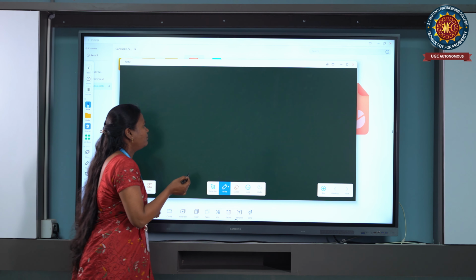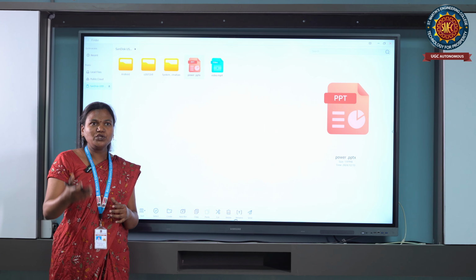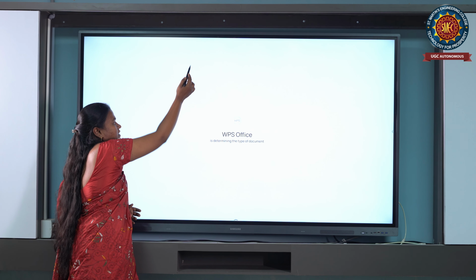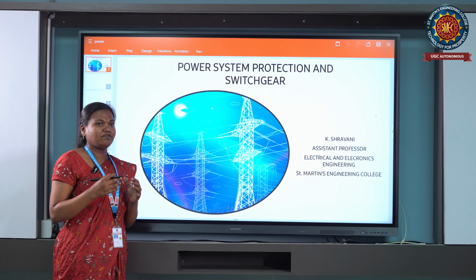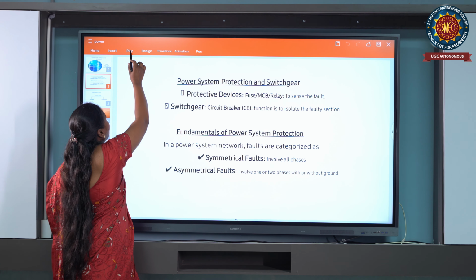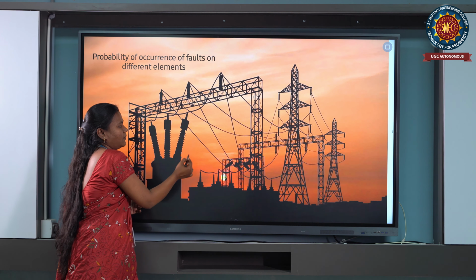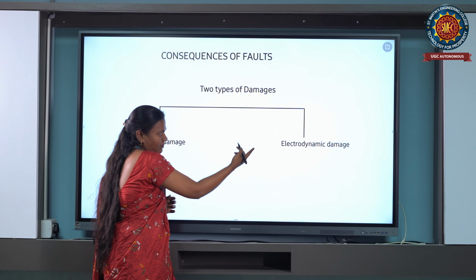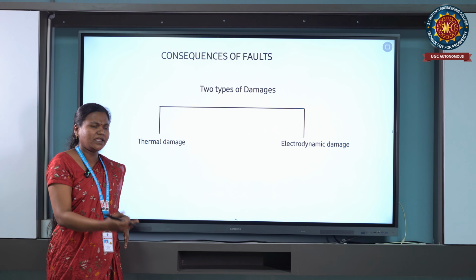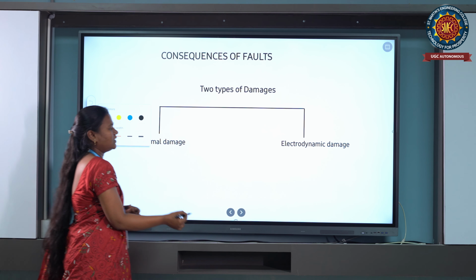It occurs when the magnitude of the current increases drastically, beyond the withstand capacity of the conductor, because of the faults, by up to 10% or 20%.